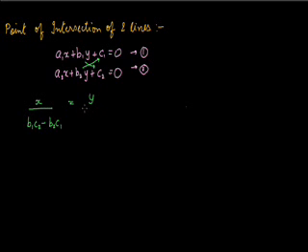I'll take y at the numerator, and I'll hide the coefficients of y and then multiply a1, which represents the coefficient of x in equation 1, with the constant term c2 of equation 2, and multiply the coefficient of x in the second equation, which is a2, with the constant term in the first equation, which is c1.